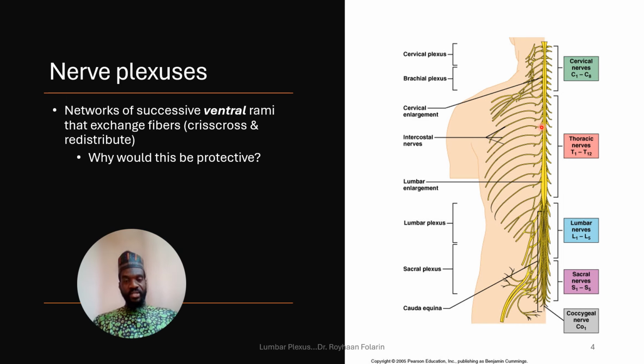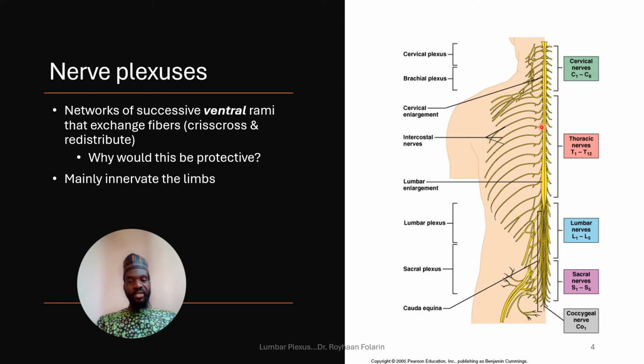The answer is definitely yes, because during the crisscrossing, it enables the nerves to have components of motor fibers within the sensory neurons, and you have sensory fibers in motor neurons. And that way, nerves are able to complement one another and also provide alternatives whenever one is paralyzed, then the others will compensate for it. So this is something very protective.